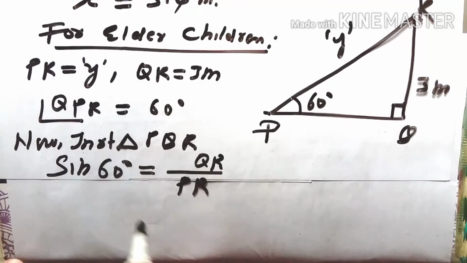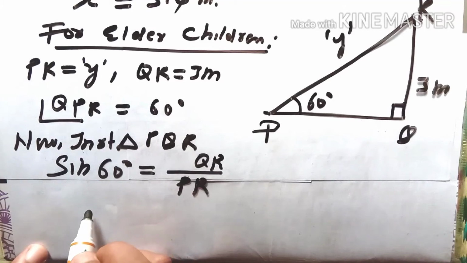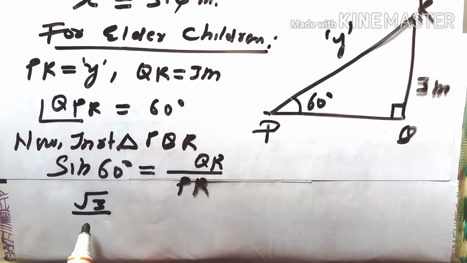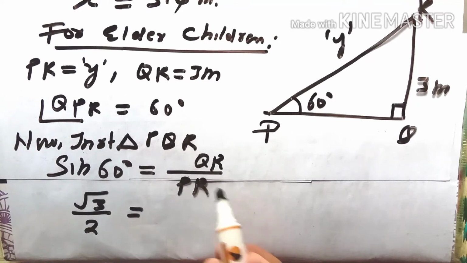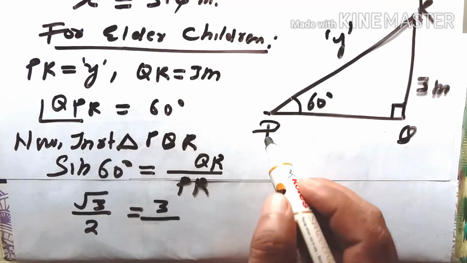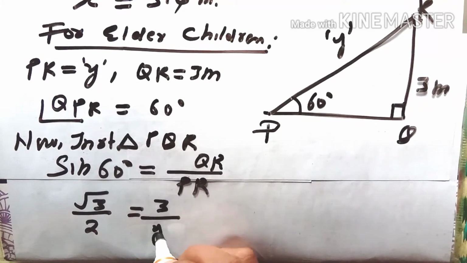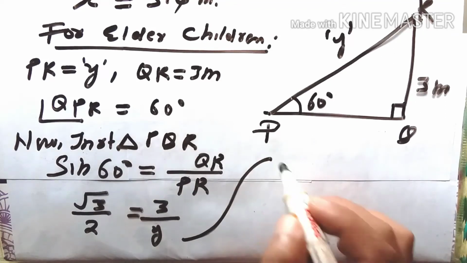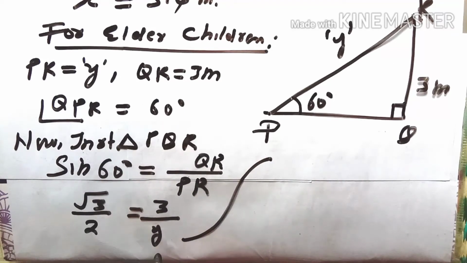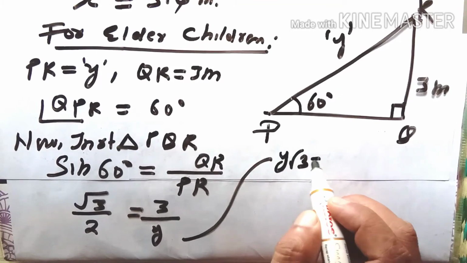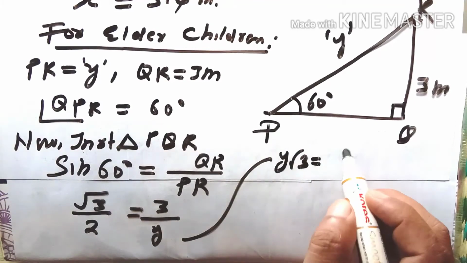So now the value of sine 60 degree is root 3 divided by 2 equals QR, we have labeled there 3, divided by PR, which we have as Y. So now we take a cross multiplication, so that will give root 3 into Y, Y root 3 equals, now again 3 2's are 6.